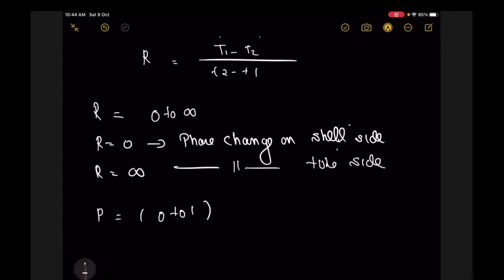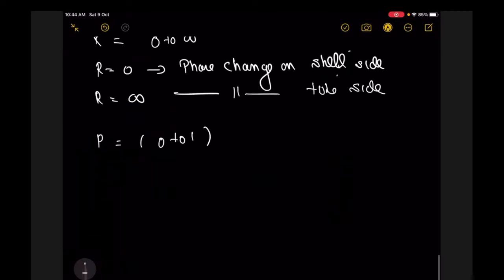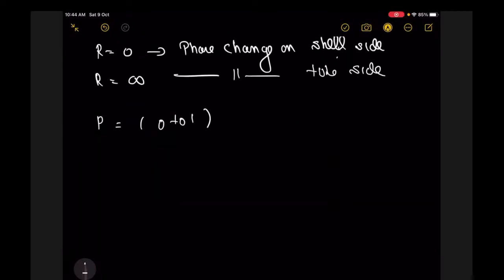If I talk about condenser and boiler, F is always 1. F equals 1 for condenser and boiler.